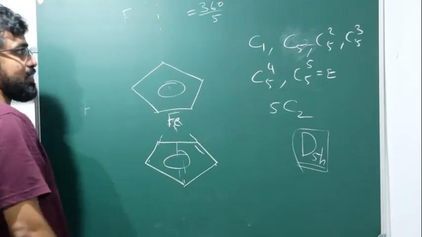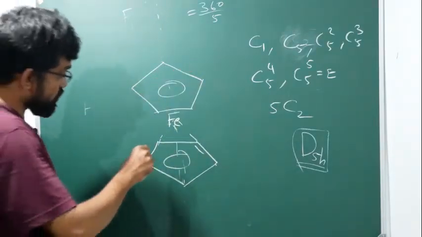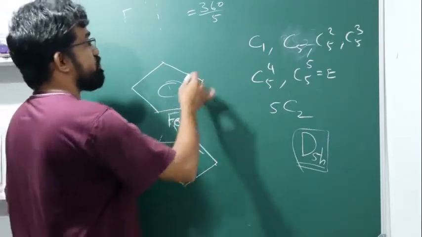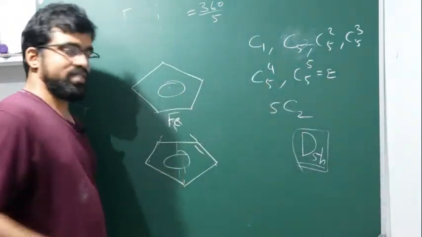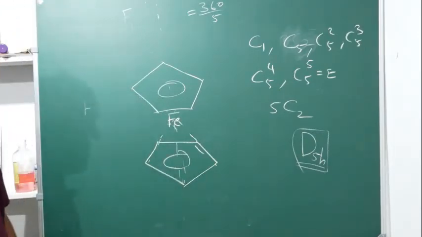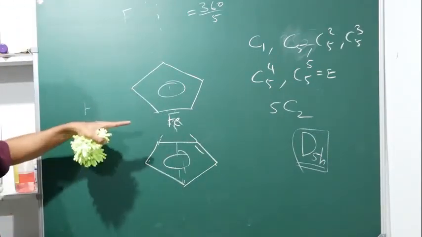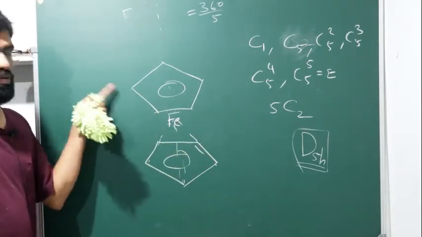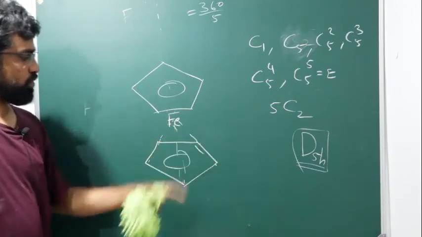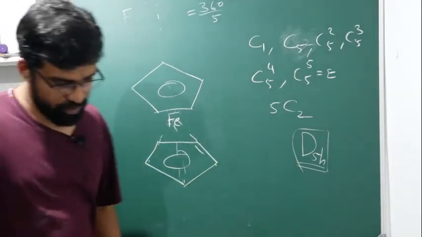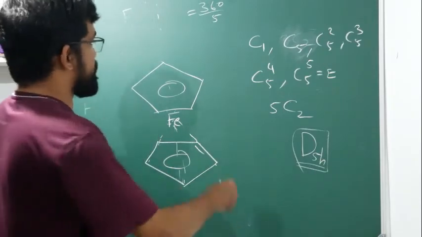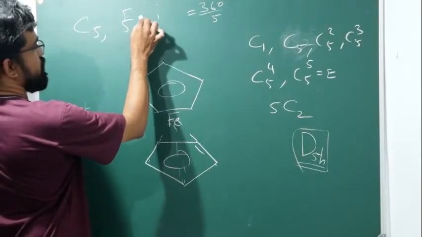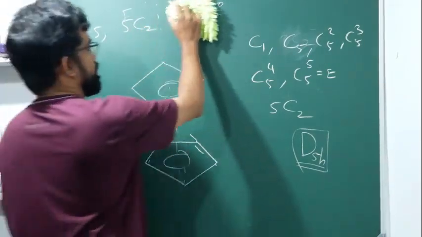There are C5 and also 5 C2s. When you rotate like this along this axis, it is a symmetry operation. So C5 is there, 5 C2s are there, so it automatically comes.